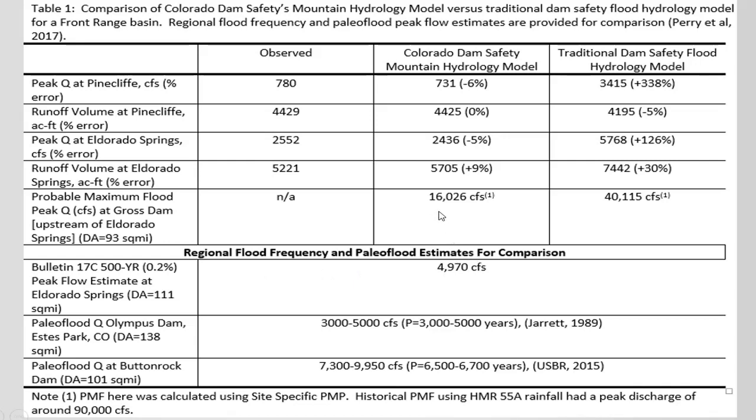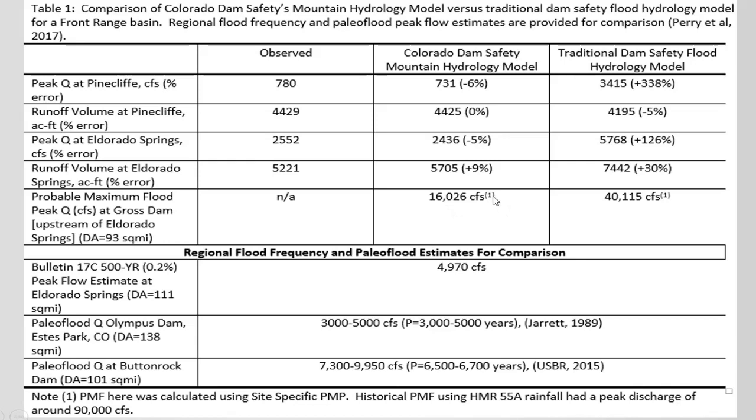So for the PMF model, our Colorado Dam Safety model, which arguably did a much better job reproducing the observed September 2013 flood, came up with a PMF peak flow of 16,000 CFS at Gross Dam. The traditional dam safety hydrology model produced a PMF peak flow of 40,000 CFS. So there we're less than half.